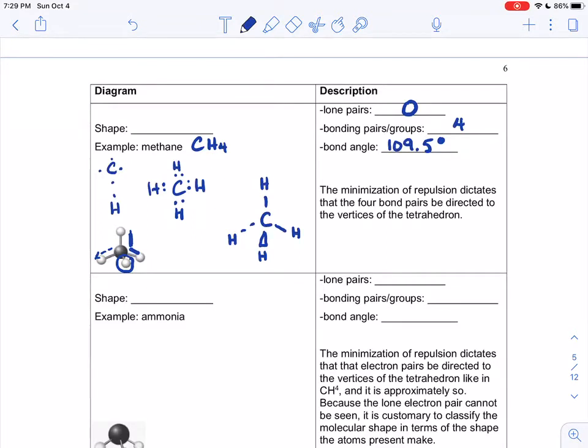And that's how you would draw this shape, which I'm going to name in a moment. This three-dimensional shape, we illustrate by these dashes and wedges to show that these atoms are moving into and out of the paper. Now, this shape is called tetrahedral.